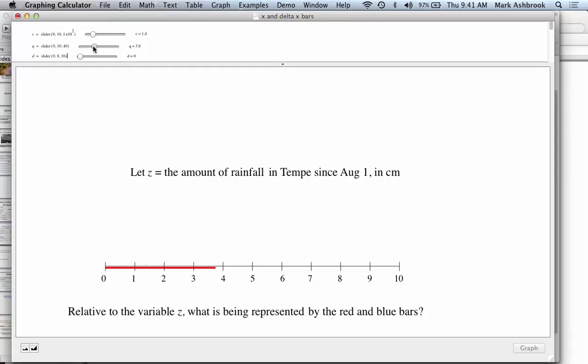So we can say 3.5. So this is showing now the value of Z is 3.5, meaning there's been 3.5 centimeters of rainfall. Okay, or 8 centimeters. Okay, so now here's something else. Then what might this represent? The blue bar.